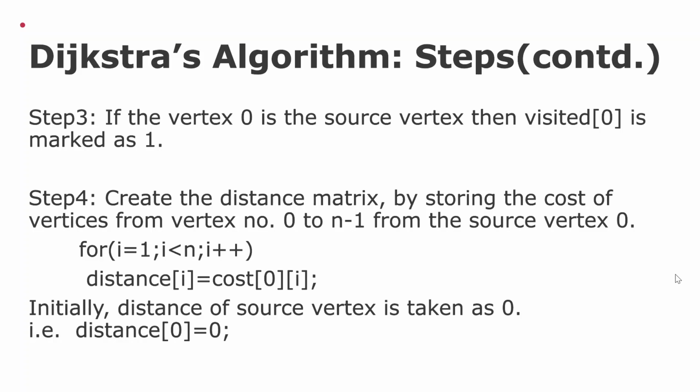Now create a distance matrix by storing the cost of vertices from vertex number 0 to n-1 from the source vertex 0. So now we are computing the distance. Cost of 0 to i is basically the distance. Initially the distance of the source vertex is taken as 0, so definitely initially we initialize the distance matrix with 0.